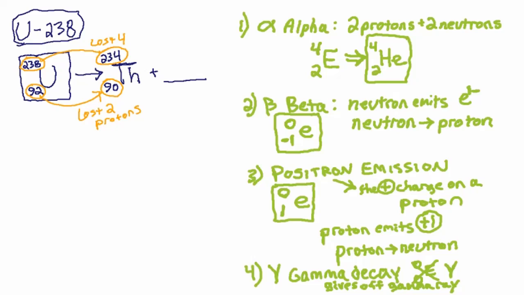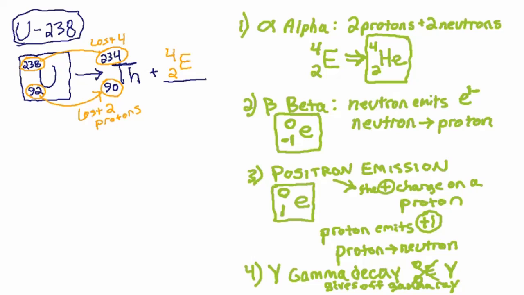So what's going to happen? We're going to have a 4 up here because we lost 4. And we're going to have a 2 down here because we lost a 2. And we can do this as just an E for a generic element.